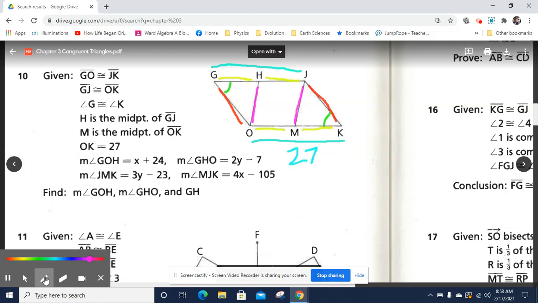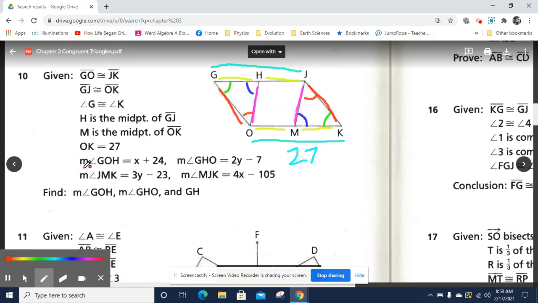And there's other things that will have to be congruent too. This angle will have to be congruent to this angle because they correspond to each other and they're parts of congruent triangles. And this angle will have to be congruent to this angle. So now we have a whole bunch of information that we didn't realize we had before.